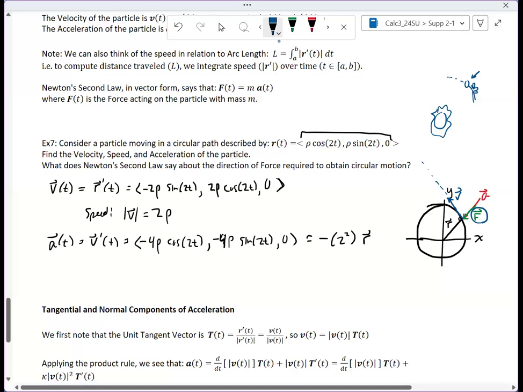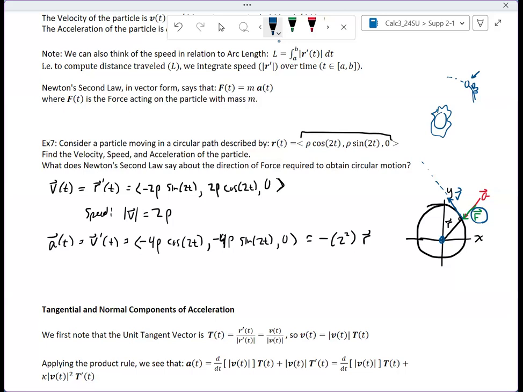So my acceleration or my force is directed towards the center of the circle in order to maintain this circular path. And if at any point I were to lose that force that's keeping me directed towards the center, then my particle would just continue along that velocity vector. I think this is intuitive when we think about taking a ball at the end of a cord and swinging it over our head.